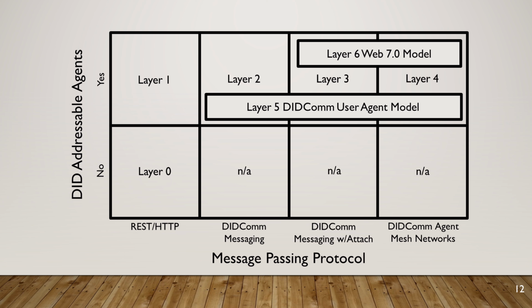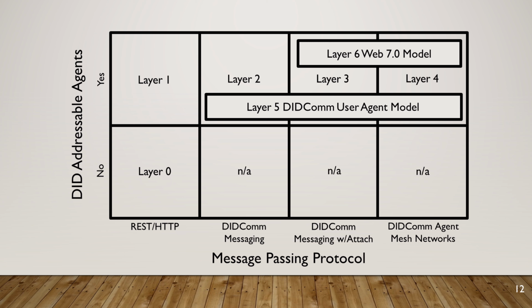The only thing we add here is instead of transmitting a plain text message from the client to the agent, in layer 2, we introduce the concept of DIDComm messages, which are authenticated encrypted messages that can only be decrypted by the receiver, and in turn can be authenticated by the receiver to assure the receiver that it was only a particular sender that sent them that message.